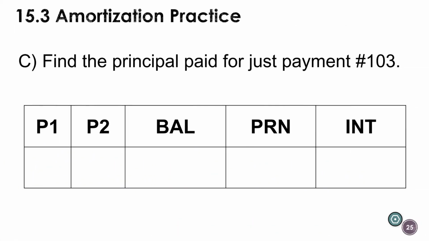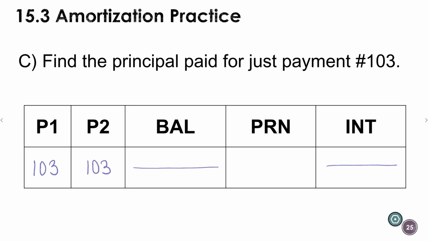Find the principal paid for just payment 103. Now, I'm hoping that you remember, how do we figure out just payment 103? And we're only looking for the principal. Yeah, how much principal was paid for that payment? Well, if we're just looking at payment 103, then we put 103 for P1 and P2.